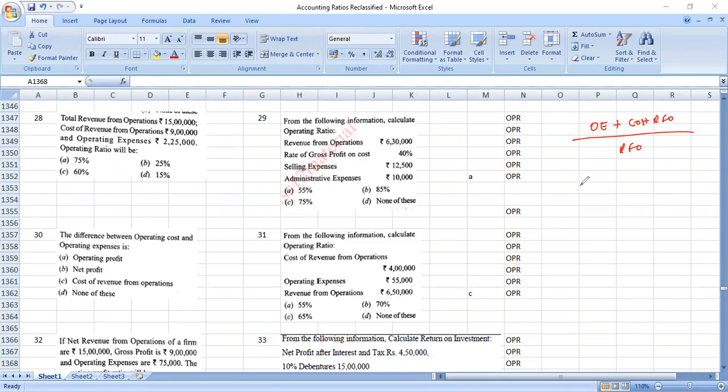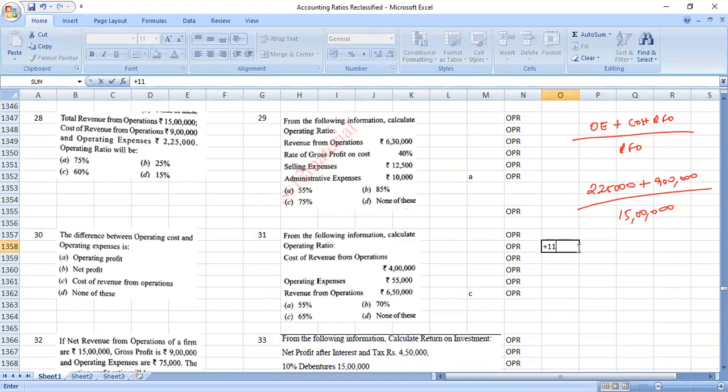That is 2,25,000 plus 9 lakh, divided by 15 lakh. So that's basically 11,25,000 divided by 15 lakhs, which is 75%. So A is the correct answer.